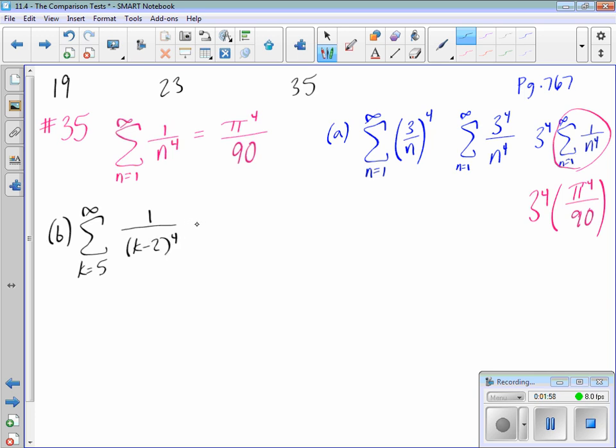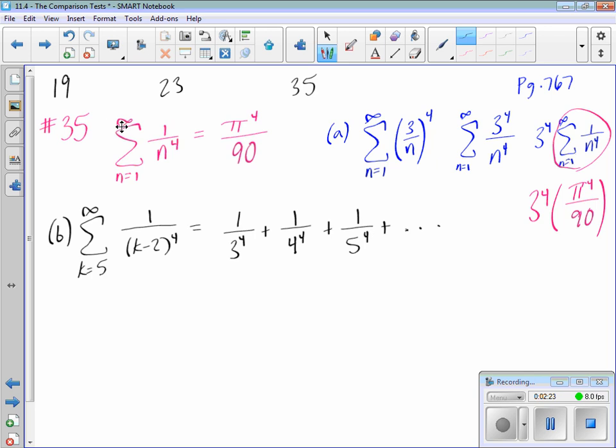Okay, so if I start listing some of these out, first value I'm going to plug in is what? 5. So if I plug 5 in, I get 1 over 3 to the fourth. I'm just going to leave it like that, okay? The next one is going to be 1 over, so I'd plug in 6, so I would get 4 to the fourth, and so on, right? Is everyone okay with that?